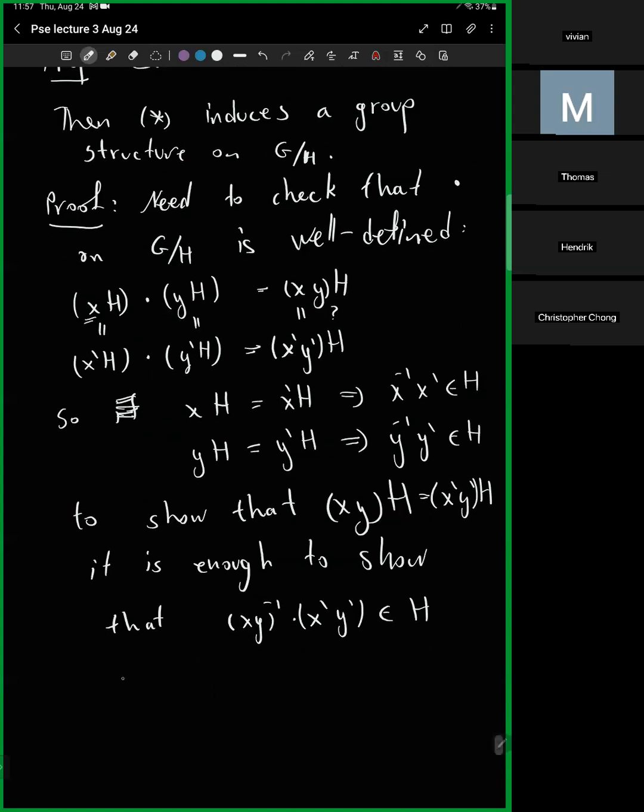But (xy)^(-1), in any group, is going to be equal to y^(-1)x^(-1).